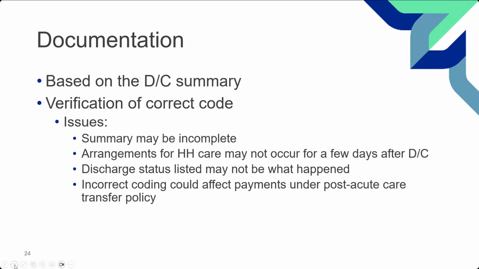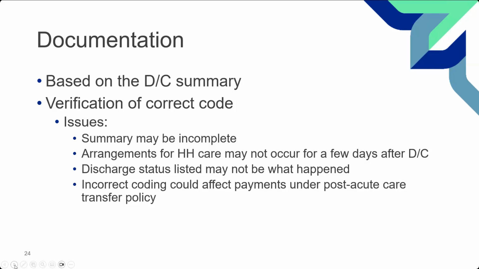So that's another example of how this could happen. And based on the documentation that you have at hand, everything looked correct. And then finally, just remember, incorrect coding could affect payment under that post-acute care transfer policy. So this could affect not only the discharging facility, but also the receiving facility.